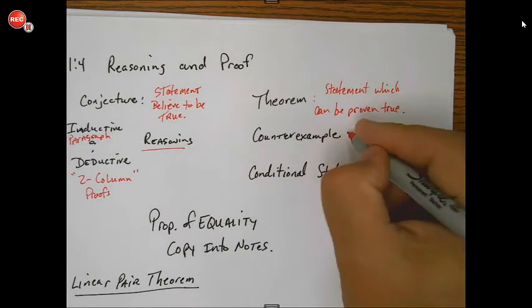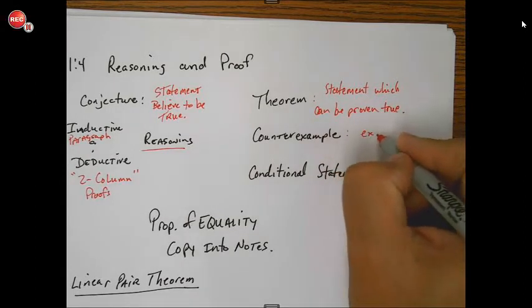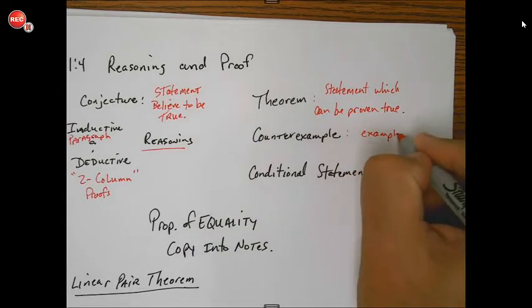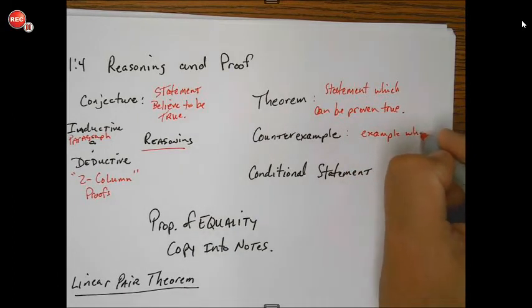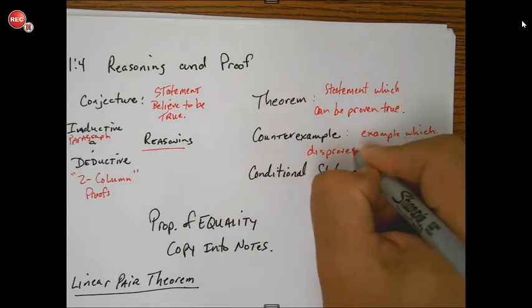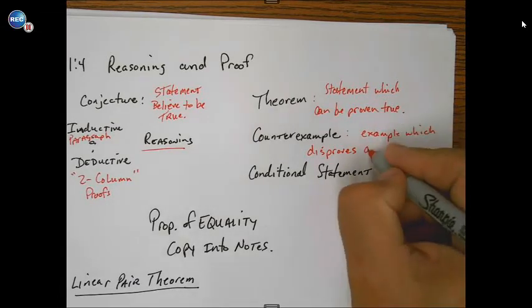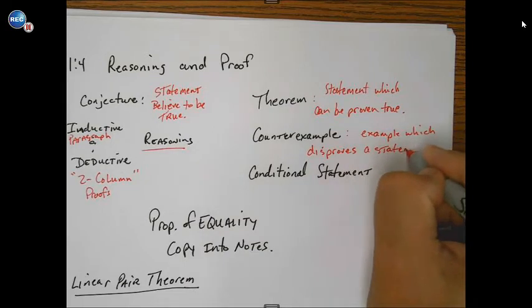But I can give a counterexample, which is an example which disproves a theorem or a statement. If I go up there and his bed is not made, well, that's a counterexample. He said he made his bed every day. Well, there's a day that did not happen.